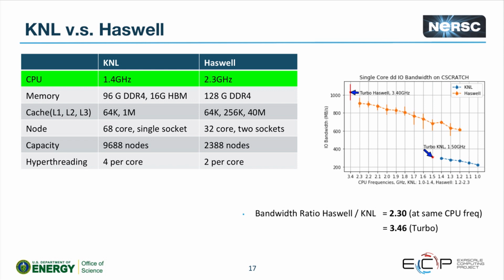Due to the complex I/O subsystem, we observed as much as a 4x performance gap between KNL and Haswell. Even when we change the CPU frequencies, like in the right figure, where we slow down the Haswell CPU from 2.3 gigahertz to maybe 1.2 gigahertz, purposely slowing the faster CPU to match the slower KNL CPU, we still observe the performance gap.